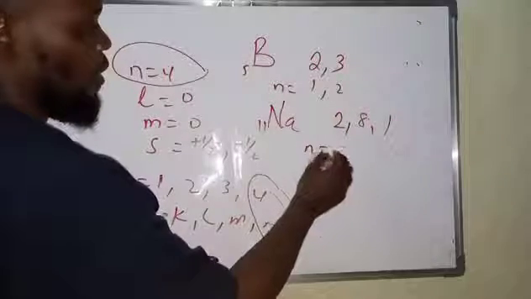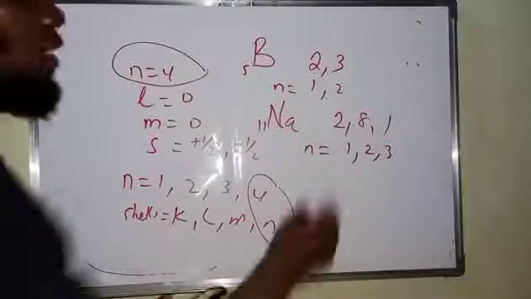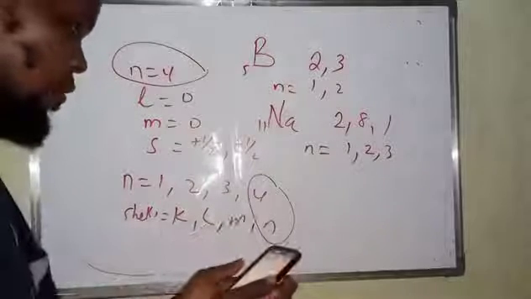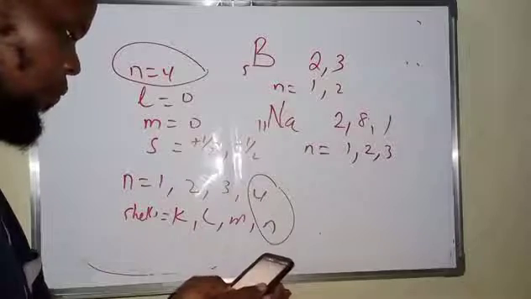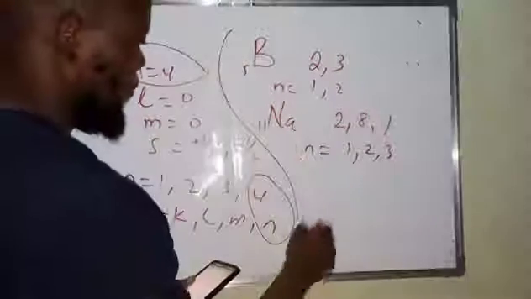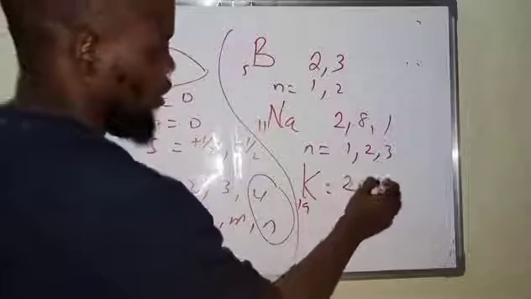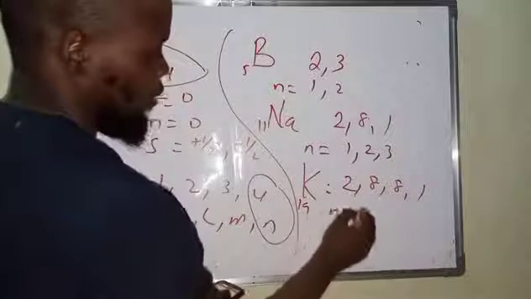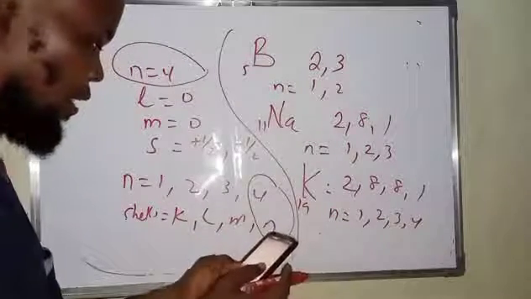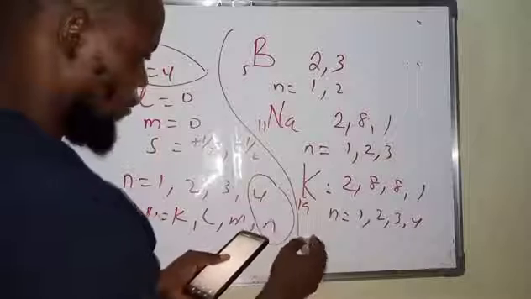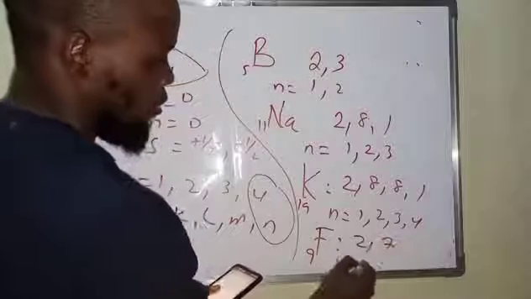So the highest quantum number is 3, that is first shell, second shell, third shell. Then we have potassium, which has atomic number 19, so the configuration will be 2, 8, 8, 1, corresponding to the quantum number 4. So that is likely the answer. Then option D, fluorine, which has atomic number 9, giving 2, 7, corresponding to n of 1 and 2.